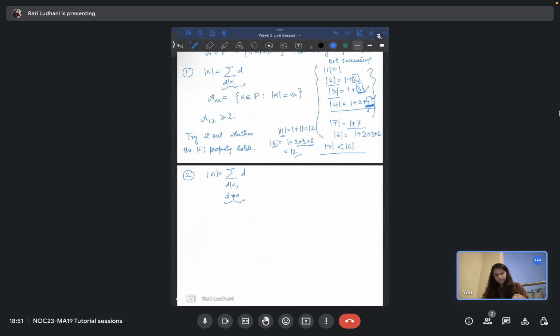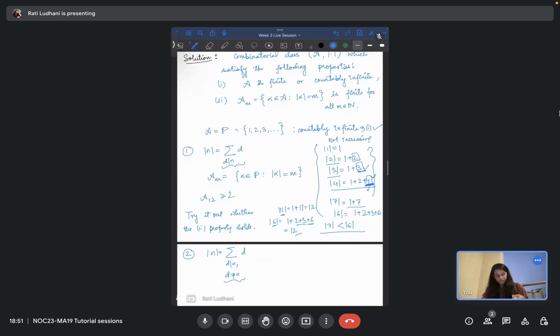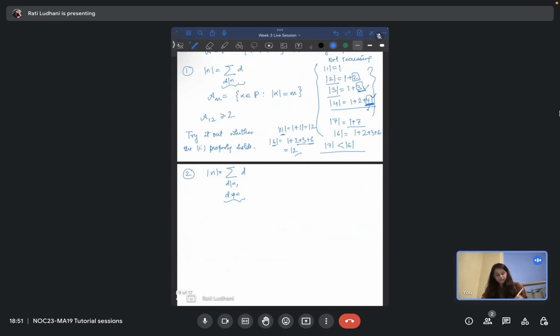For example, if you take prime numbers, let n be a prime number, then what will happen? You have divisors of n, which will be what? n is prime, d is not equal to n, so the only divisor is just 1, so you'll have 1.